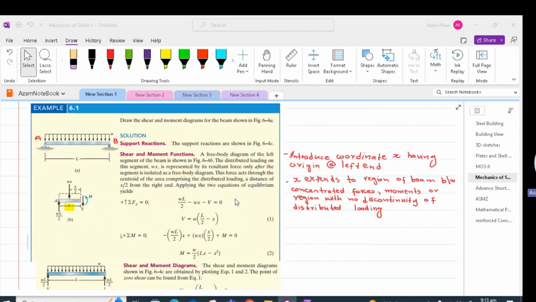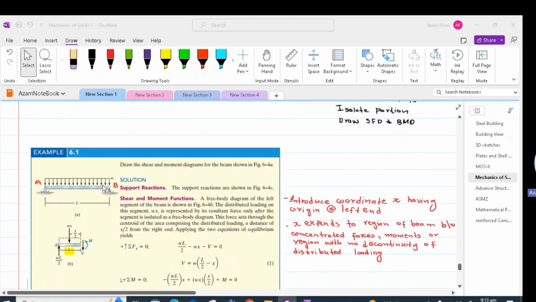Please note that x will extend to the region of the beam between concentrated forces and moments, or a region with no discontinuity of distributed loading. In this example, we have a uniform load applied. There is no discontinuity in the loading. That is why the coordinate x can capture the whole beam between support A and support B.